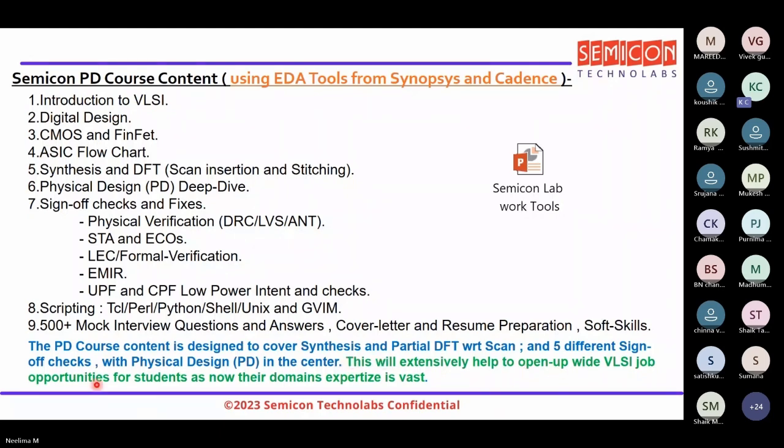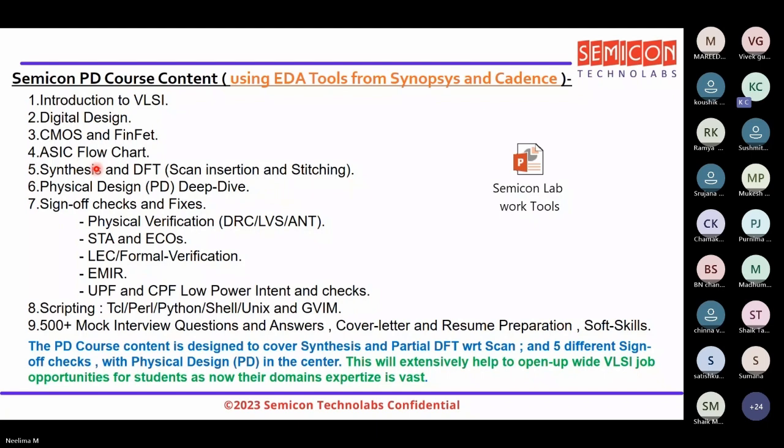The course curriculum is designed in such a way that since you are covering the steps before physical design and also the steps after physical design, along with covering physical design, the ground which you have covered is more. The expertise which you have gained in multiple domains is more, so that you can apply for multiple job openings in VLSI, not just physical design. So that way the course content has been developed.